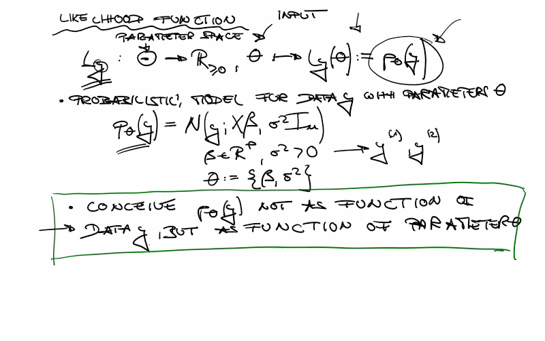Maybe a little bit on the notation of my p theta y. Sometimes you will find the likelihood function written like this, where there's some conditioning on the theta. I do not do that on purpose, because this implies that you conceive theta as a random variable.